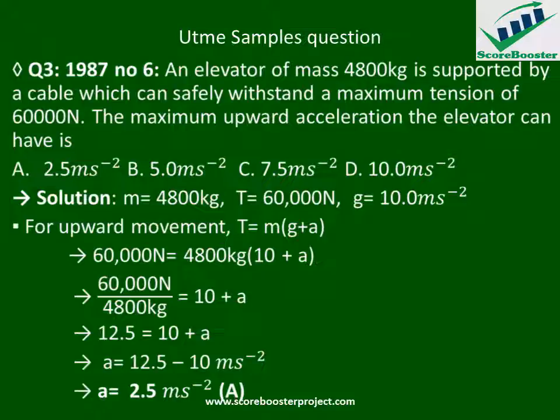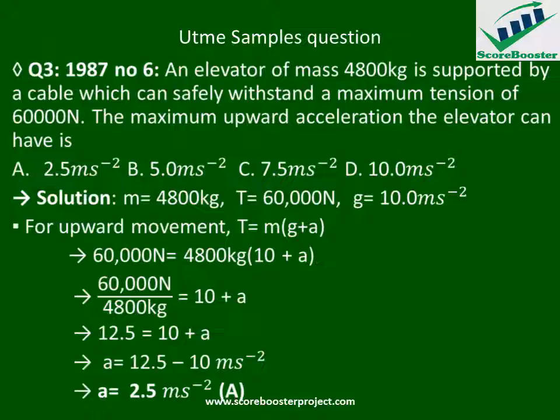For upward movement of an elevator, we have the total tensional force to be m into g plus a. In substituting for that, the tensional force, which is 60,000 Newton, is equal to m, which is 4,800 kilogram, into acceleration due to gravity g, which is 10, plus a, which is not given.